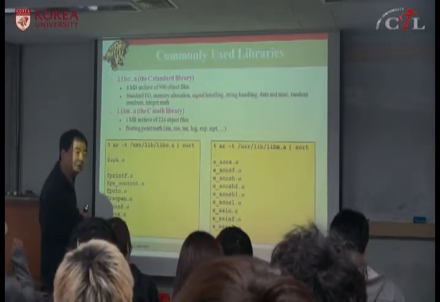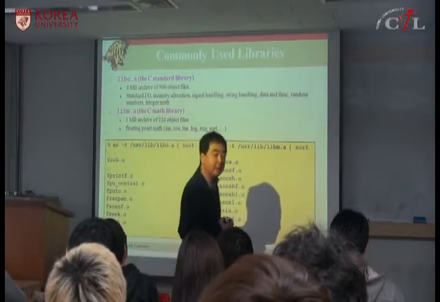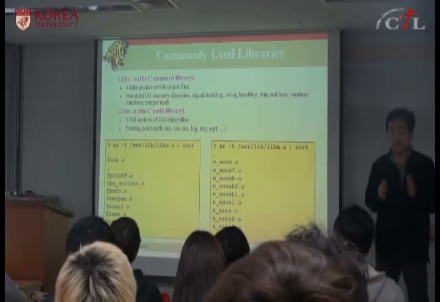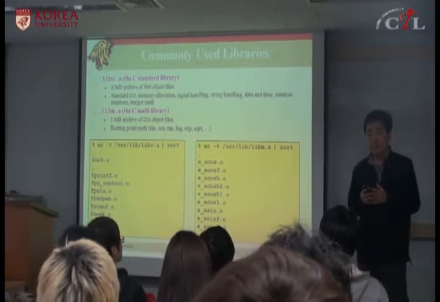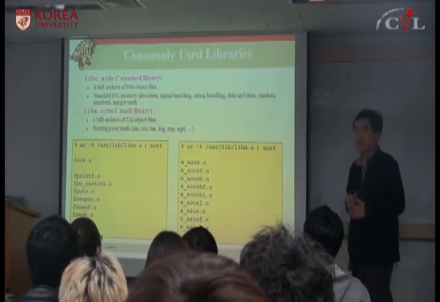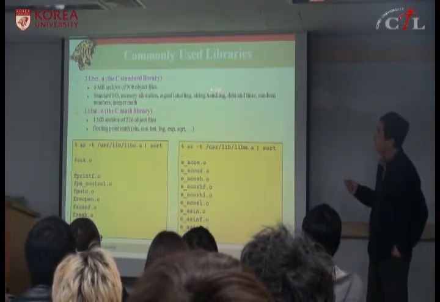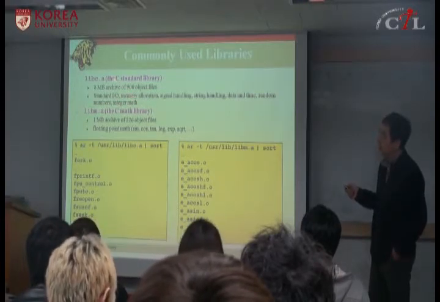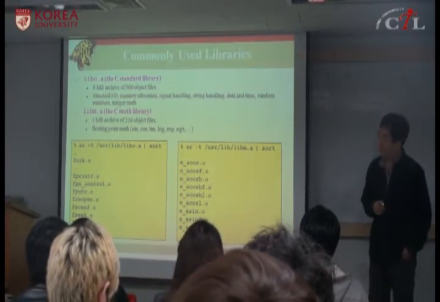Signal is something like a user-level exception handling mechanism. Later we'll study what an exception is, what an interrupt is. If we have time, we'll study signals. String handling, date and time, random number generation, and integer math functions are also in the standard C library.